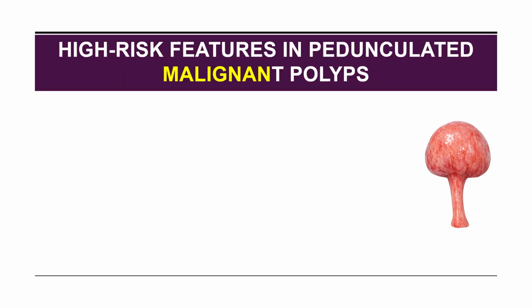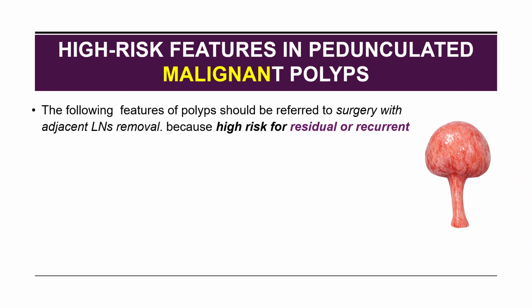To answer this question, you have to know what are the high risk features for a pedunculated malignant polyp. The pedunculated malignant polyp has a high risk for residual and recurrent disease. Which features?